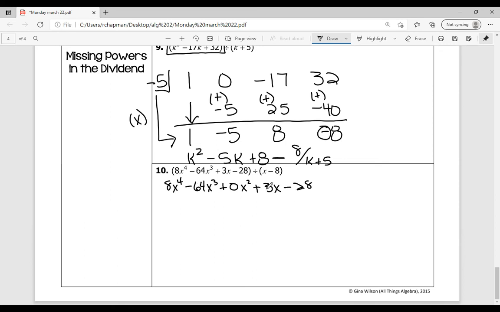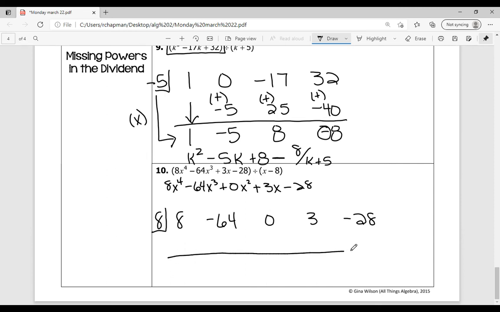So now every exponent is accounted for: 4, 3, 2, 1, none. So what number are we dividing by? 8 or negative 8? 8. Then I have 8, negative 64, 0, 3, and negative 28.